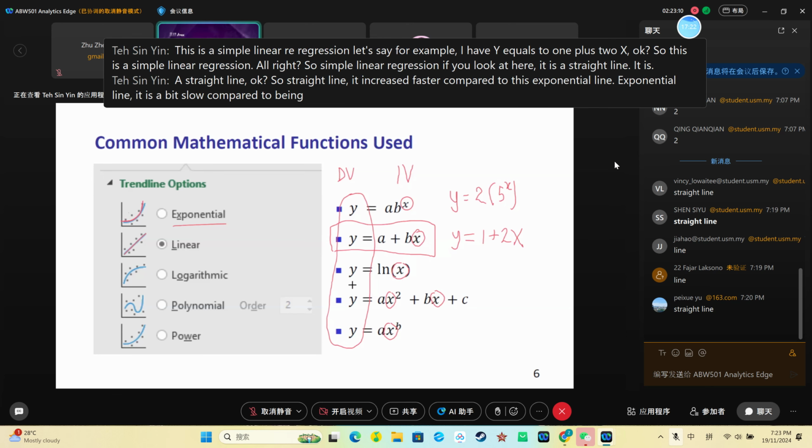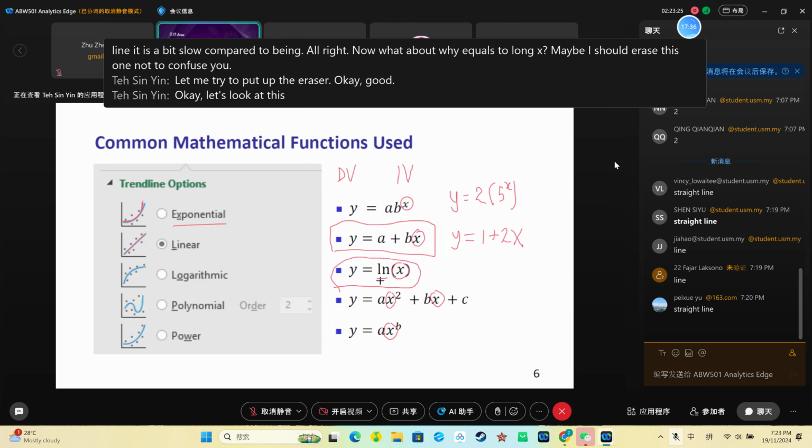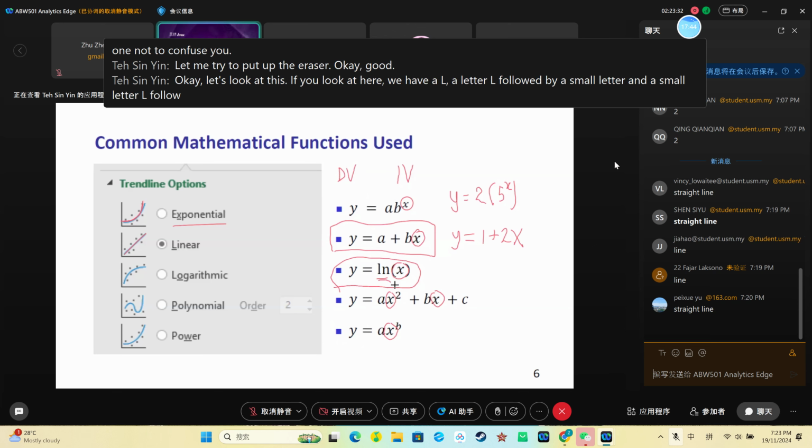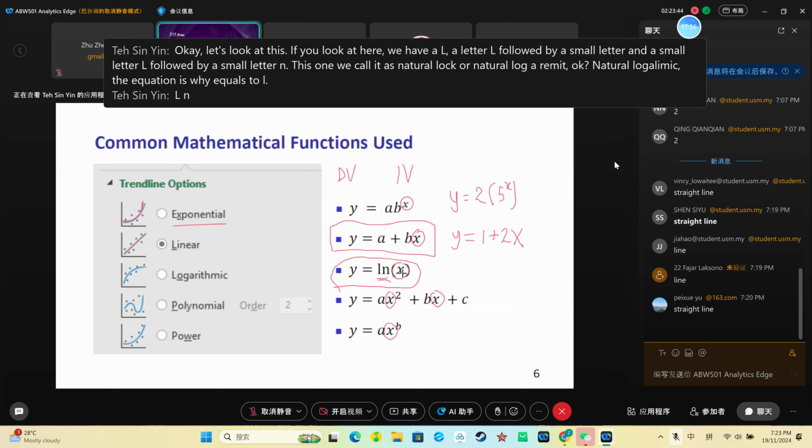All right, now what about y equals ln x? Maybe I should erase this one so as not to confuse you. Okay, let's look at this. Here we have a small letter l followed by a small letter n. This we call natural log, or natural logarithmic. The equation is y equals ln(x).